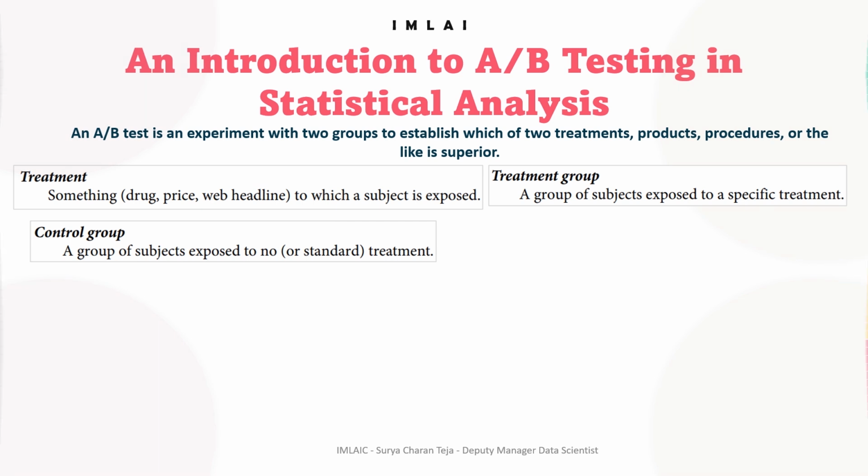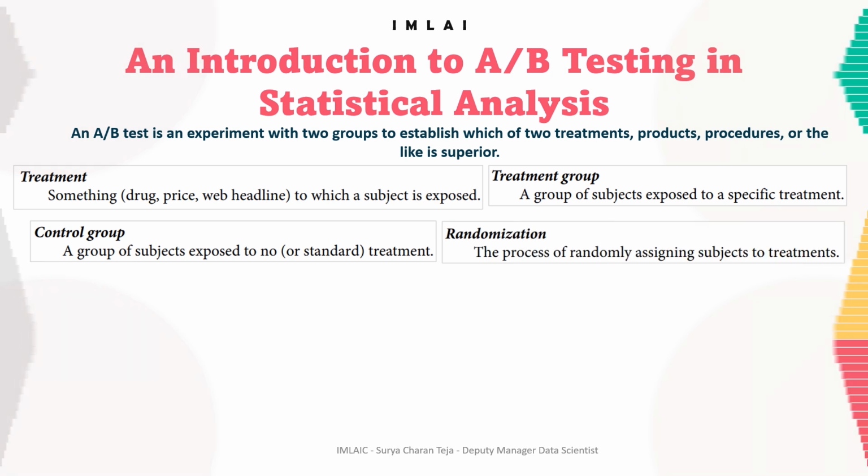The group of subjects exposed to a specific treatment is called a treatment group. And we have randomization, the process of randomly assigning subjects to treatments.